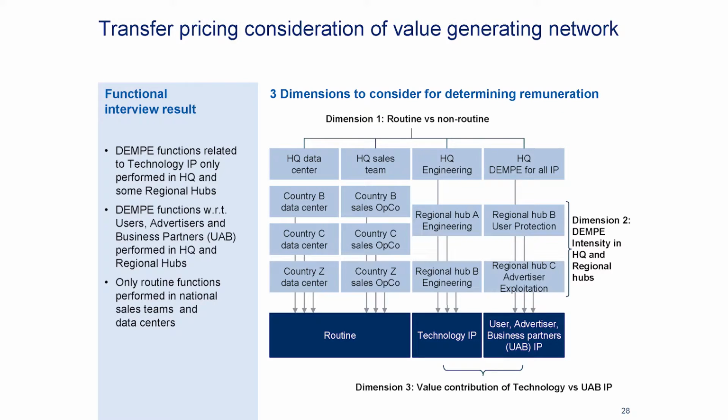And this is, I think, the more traditional question, which relates to what the OECD comes now to the DEMPI functions, namely who on this vertical last column contributes what regarding the development, enhancement, protection, exploitation of intangible value drivers. We'll not deal with that issue.